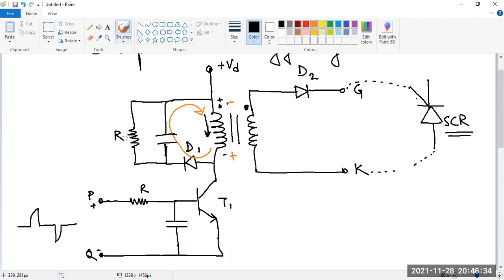So therefore we also have to connect a resistance with the capacitance. So this C and R generally we keep for the faster discharge of the inductor. Okay, understood.